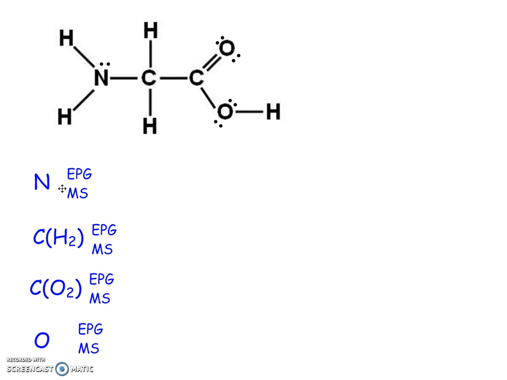So let's look first at the electron pair geometry and molecular structure centered around nitrogen. We have 1, 2, 3, 4 regions of high electron density, which is a tetrahedral electron pair geometry. However, one of those regions is a lone pair, so the molecular structure would be trigonal pyramidal.